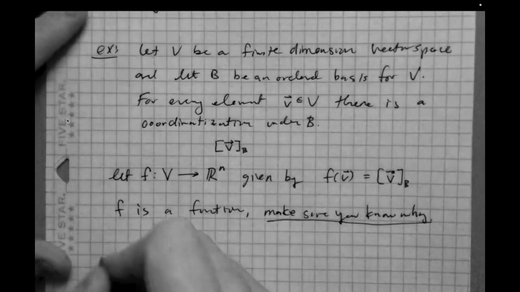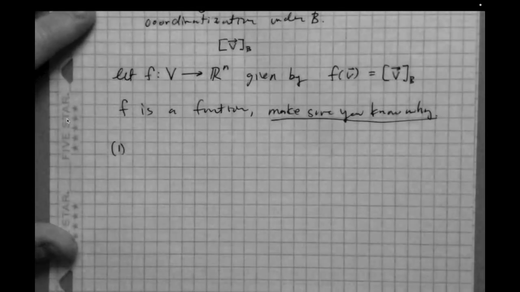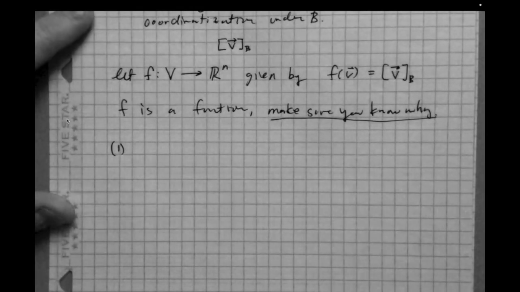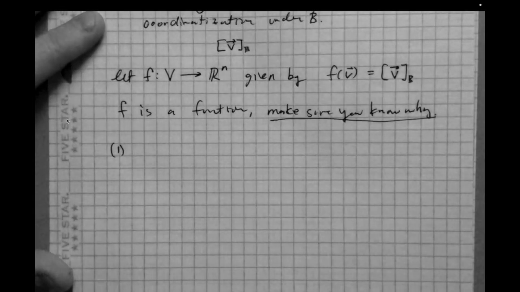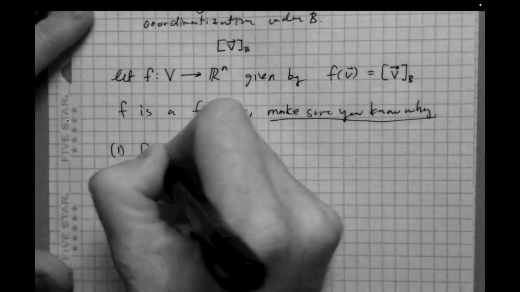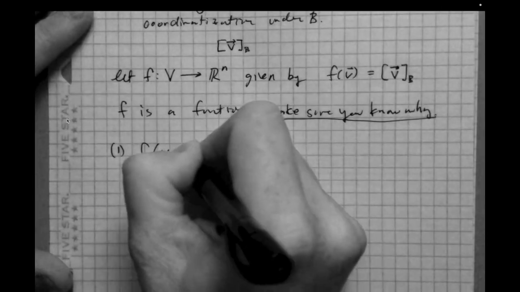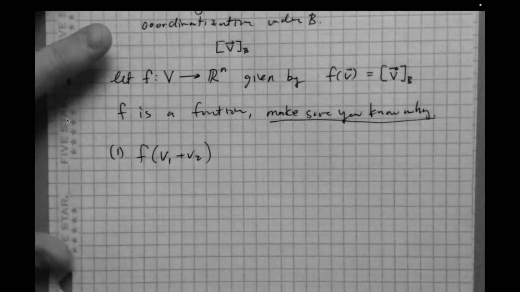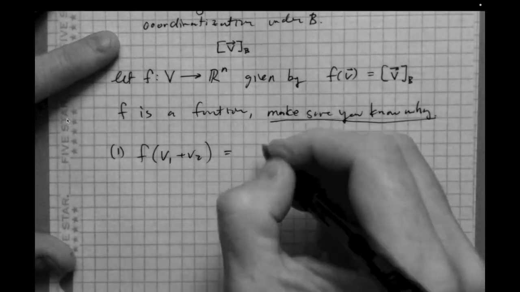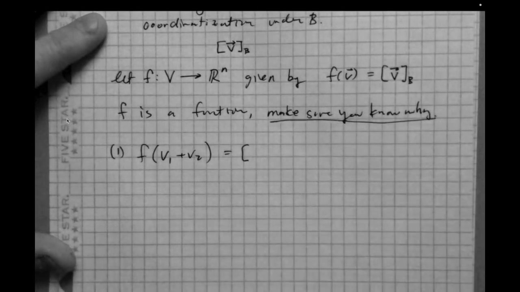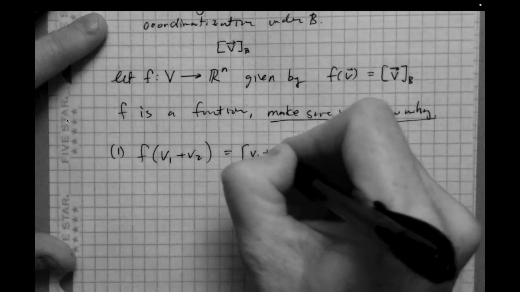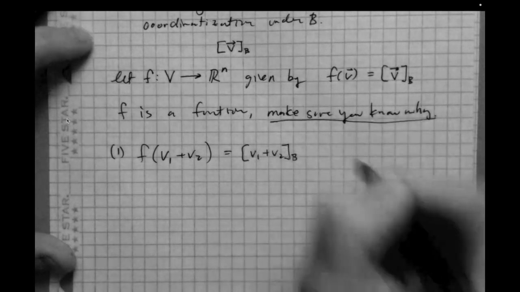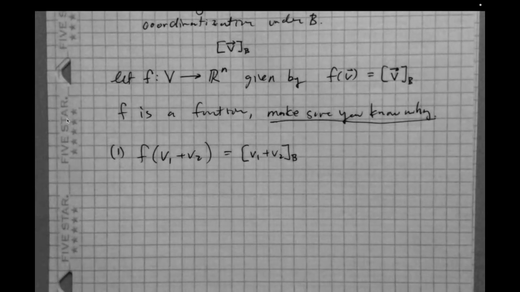But is it a linear transformation? Let's see. The first thing is we've got to prove the vector addition. So we'll consider f of v1 plus v2. Obviously v1 and v2 are vectors in V. When we apply f to that, we're going to coordinatize that sum. So v1 plus v2 coordinatized under B.